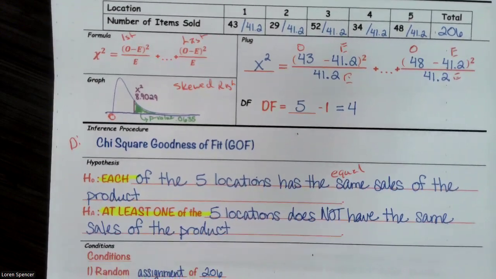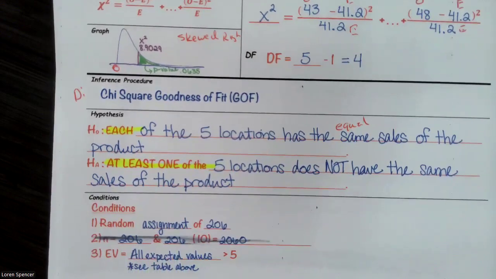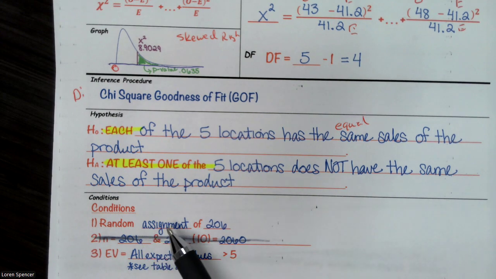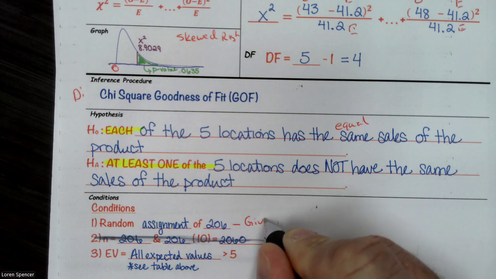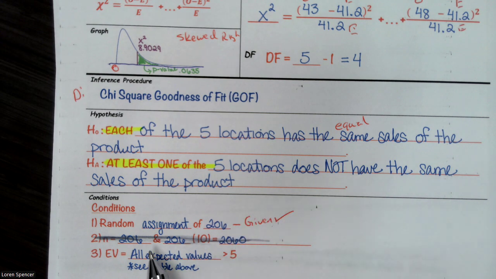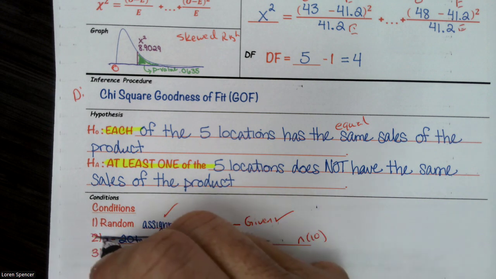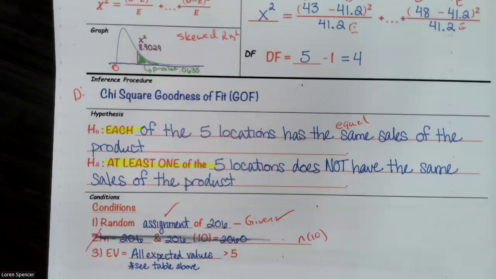The next one, our conditions. Well, we have 3. We need randomization, and it's a random assignment of 206, and that was given to us, so we can check that off. Normally, we'd have to do the n times 10, but in this case, they said it was random assignment, so there is no number 2, so that's why we scratched it out. All right? And then we have to make sure all expected values are greater than 5.